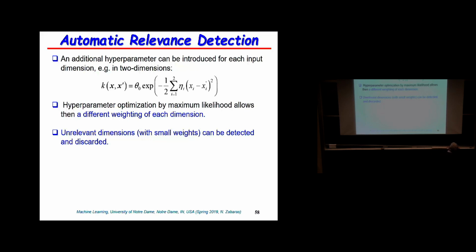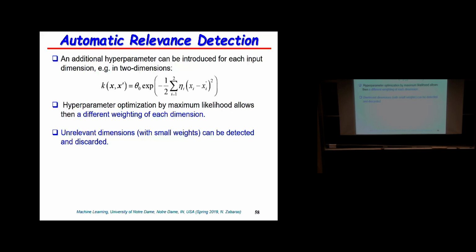Basically these are the inverse of the length scales, but if you put it in this form, you can maximize the evidence and compute this parameter theta I. Can you guess what that will mean in the context of automatic relevance determination? If you try to find the parameter theta that maximizes the evidence, what can you say if one eta comes to be equal to 0, or very small versus the other etas?